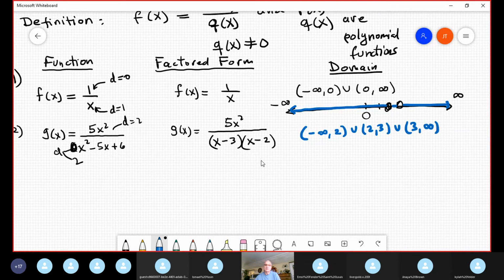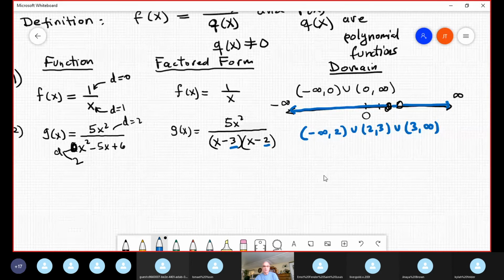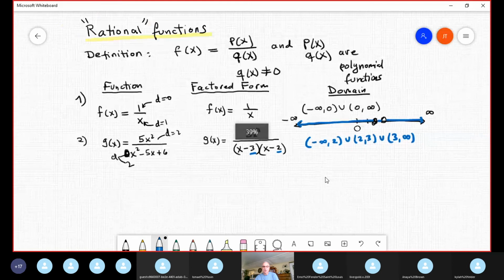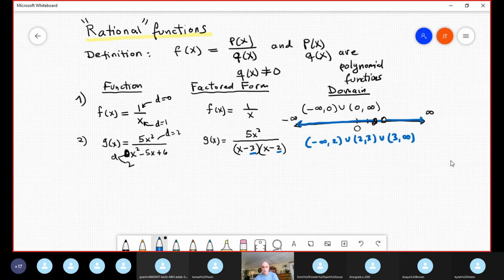This is the domain. In other words, the domain is all real numbers except the restrictions 2 and 3. Okay? It's different from the function we studied at the beginning today, because the domain for the quadratic function is all real numbers, and for the rational, no. Sometimes yes, but sometimes no.